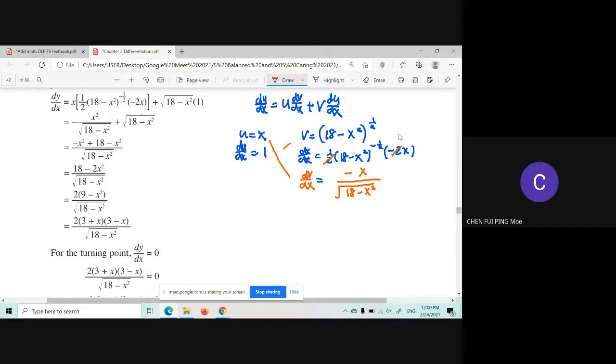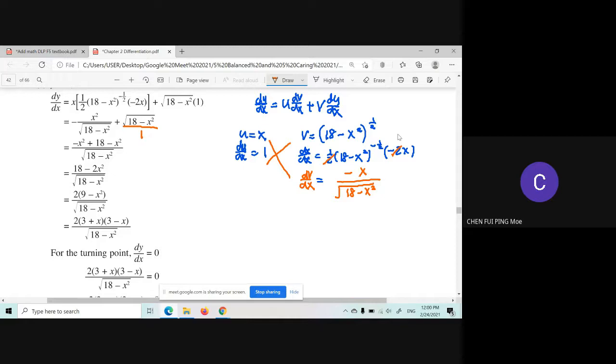So cross multiply: x multiplied by negative x gives negative x squared, and then plus this one, v multiplied by this, gives this. How do we combine to become like this? Because this one is over 1, right?